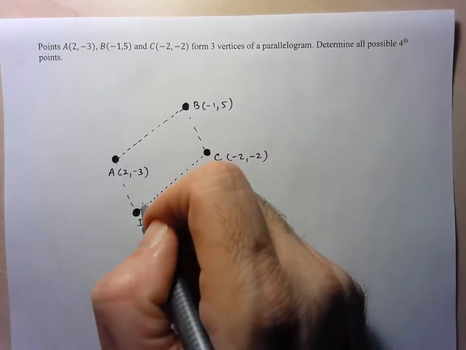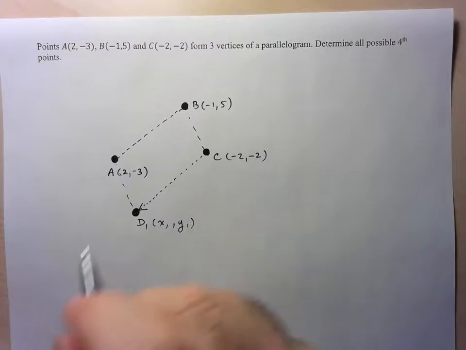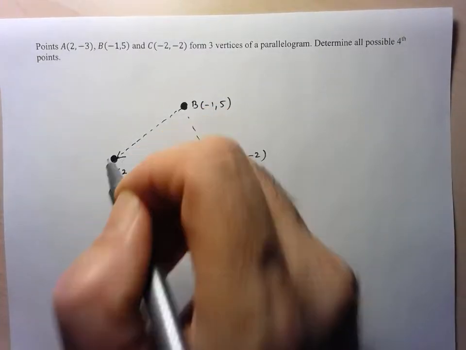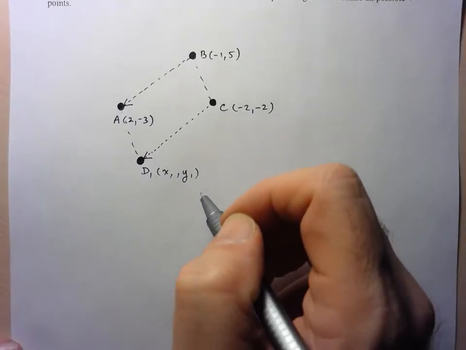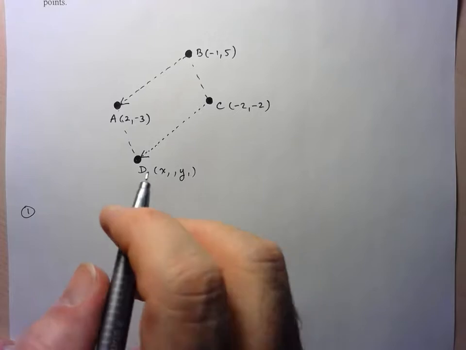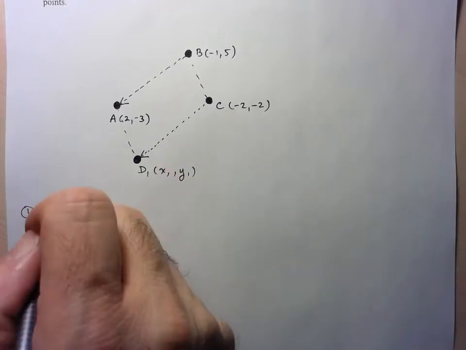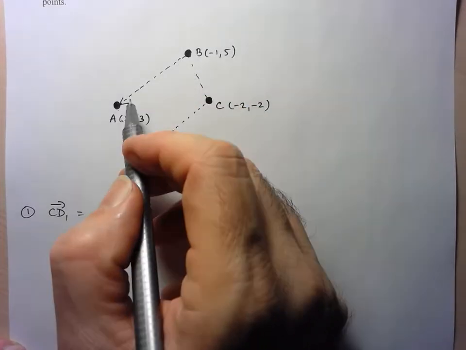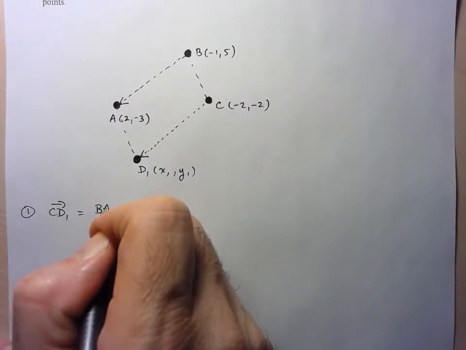So I'm going to create the vector CD1, and this vector is going to have to be exactly equal to the vector BA, and that's what's going to allow me to form my first equation. So my first point is going to be found by equating CD1 to the vector BA.